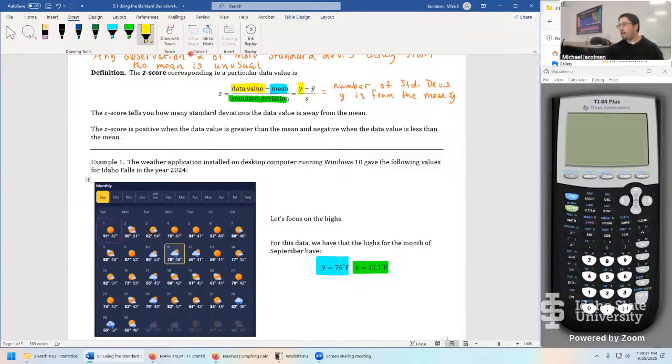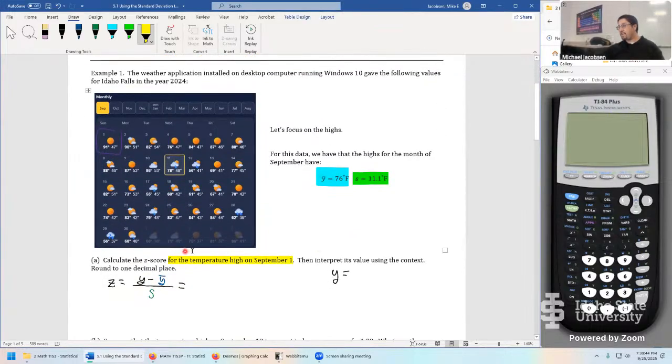That's the thing that's going to be y, and it's often, but not always, the question of the whole problem. So when they said the temperature high on September 1st, they're talking about the data value in question, and that was the 91 degrees, just the high. I think that's the hardest part of getting started with this formula. We have to read through the context and know which part goes right exactly here. But does that make sense to everyone, just getting started with it?